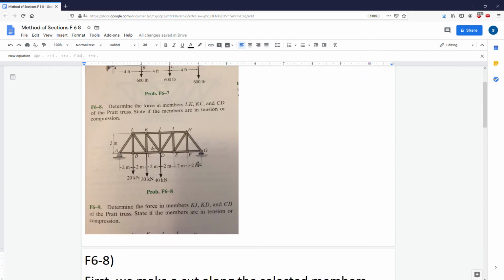In the y direction, we have the y component of the reaction at A. We have KC is a cut with a vertical component. And we have the 20 kilonewton and the 30 kilonewton load forces acting on our section.